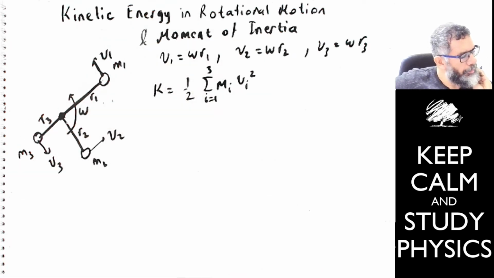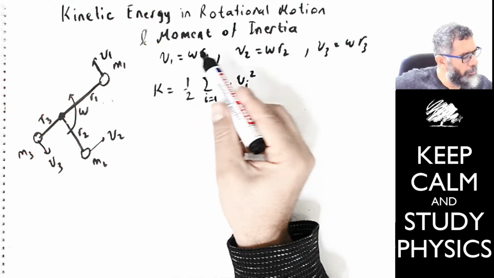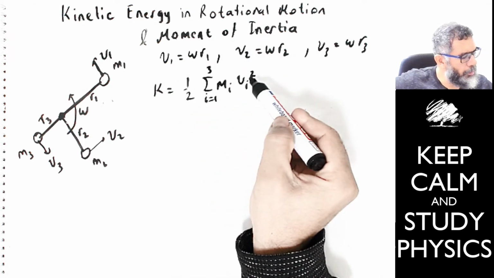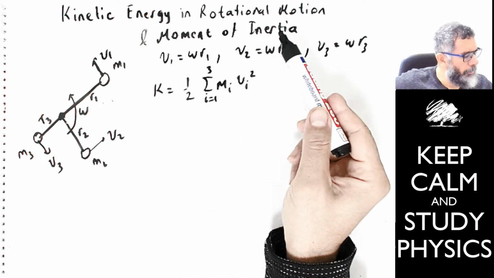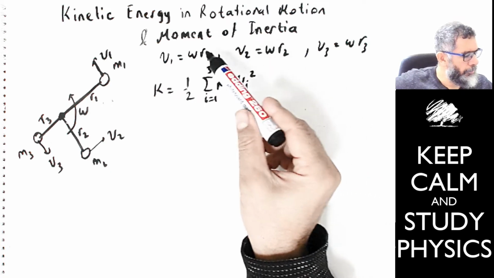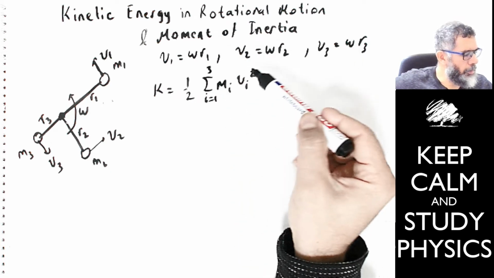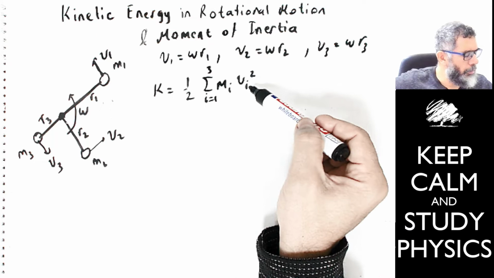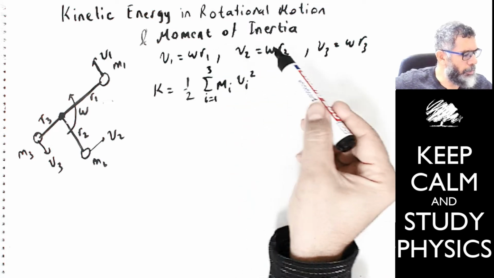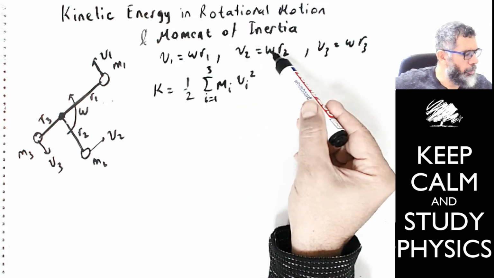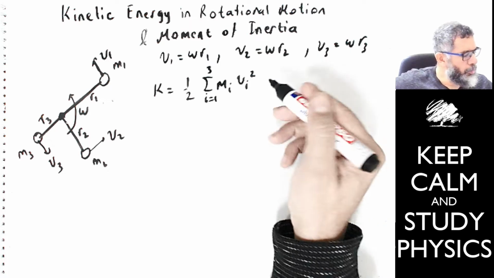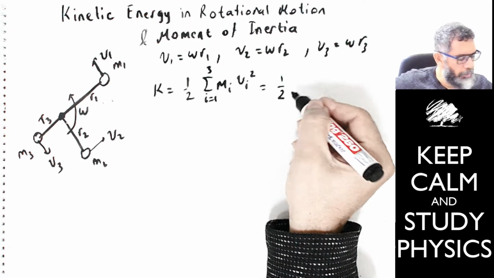But instead of v_i, we can express these velocities in terms of omega. Instead of V1, let's put omega times R1. Instead of V2, we can put omega times R2, etc. If you do this, you will have this result.